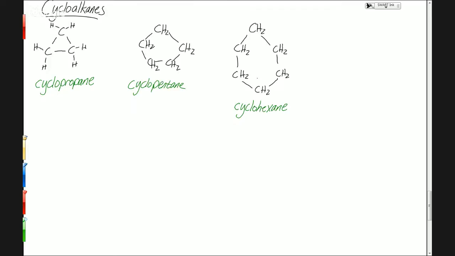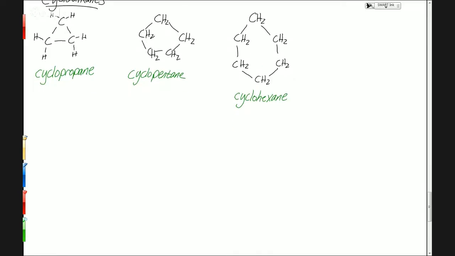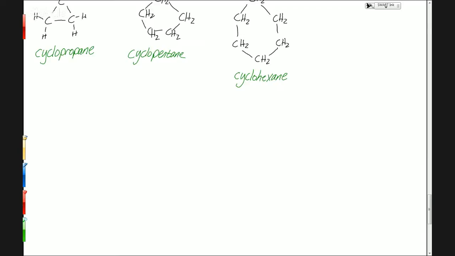To name things with cycloalkanes is really the exact same, but the cycloalkane becomes the parent, or becomes the main name instead of just the alkane. So let me give you an example of that.